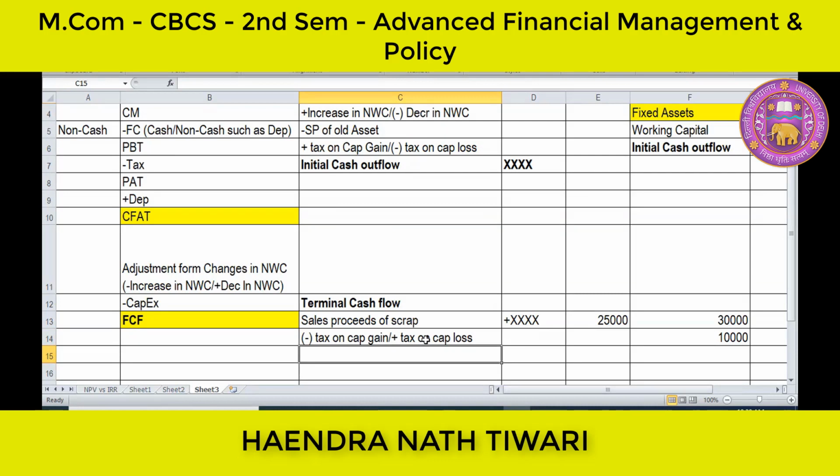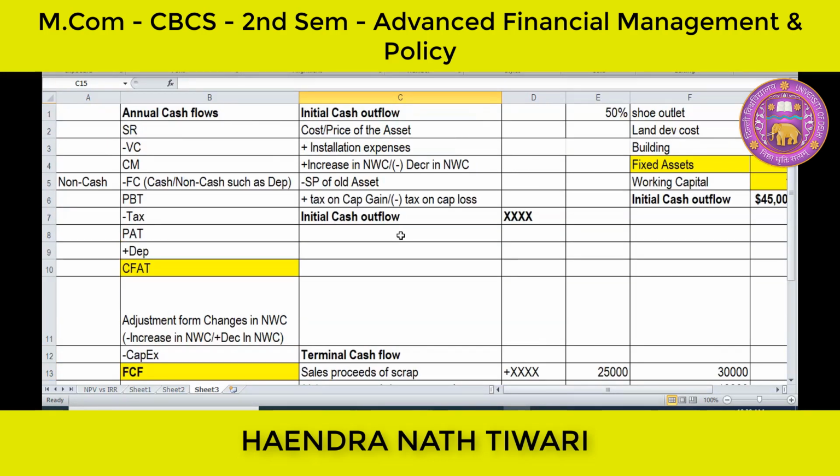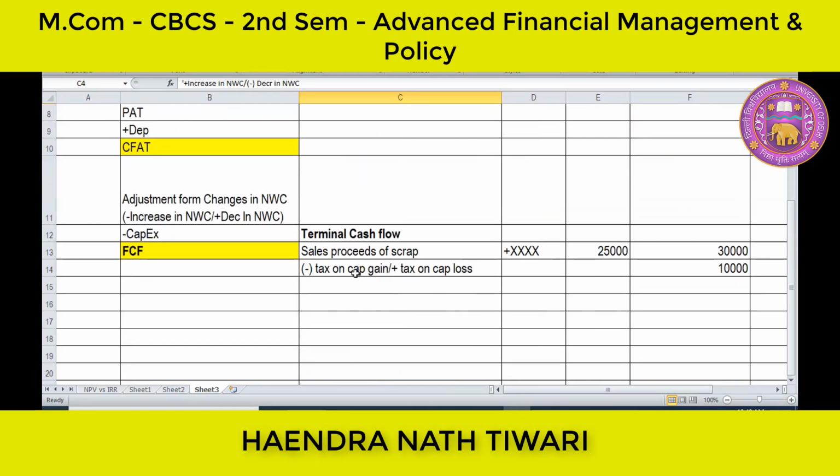Also, the working capital which is blocked here, we assume that once the asset is put off the use, we will go back to the previous level. So at the previous level, whatever my investment was there in working capital, that was released.